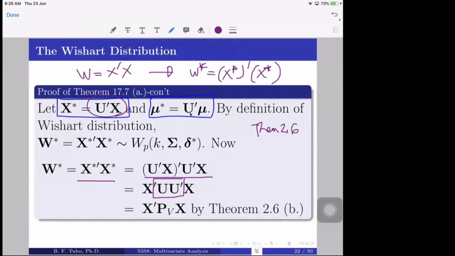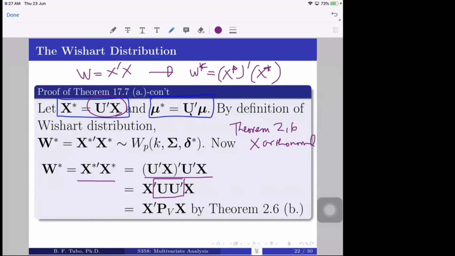The assumption here, take note, you always look at your assumptions to see if they are satisfied before you use any theorem. The assumption here is that X is orthonormal.